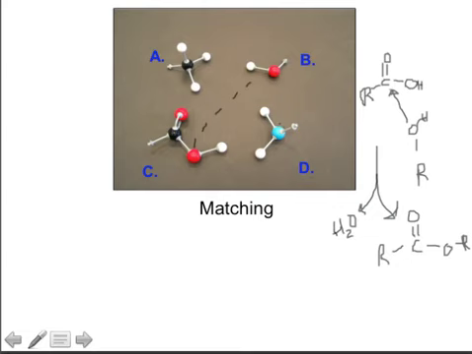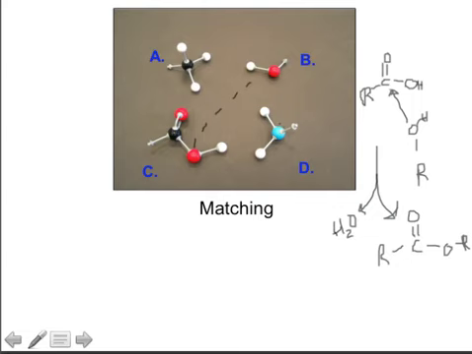And that's why amino groups are generally what we call basic groups. Basic groups are those that can scavenge protons from the surrounding solution and cause the pH to go up. So that's one of the significances of an amino group.